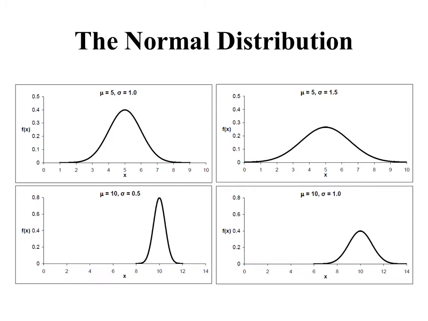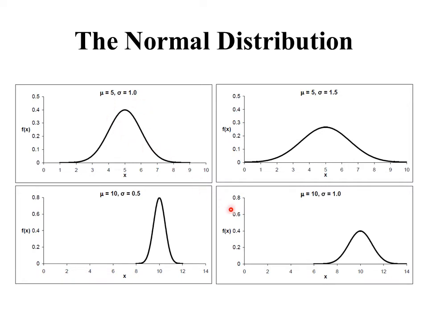We see that as mu increases, the bell curve simply shifts to the right. If we compare this bell curve here to this bell curve here, we see that they're very similar shapes. Just this one is shifted. This one over here is shifted to the right. And now the standard deviation sigma tells you how wide or narrow the bell curve is.